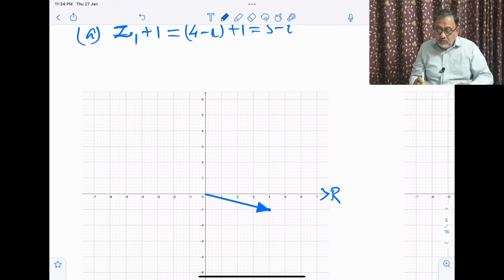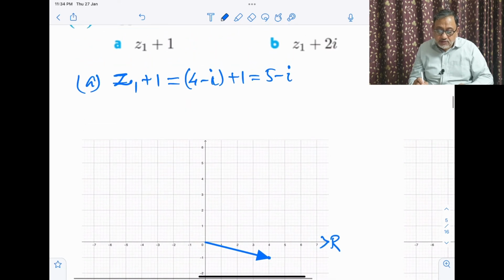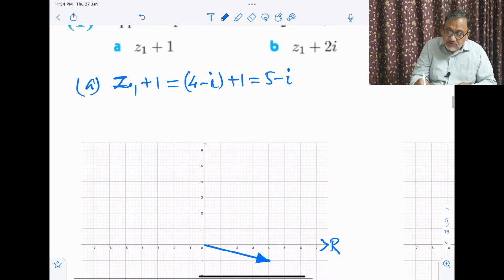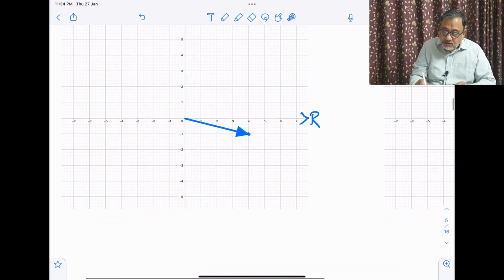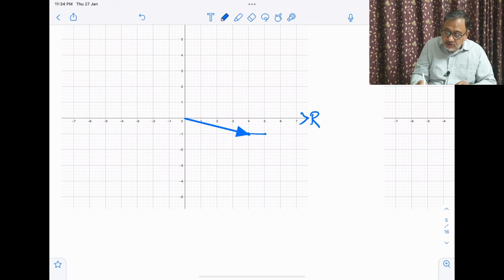Now from here I will have to add plus 1. Look here, plus 1 will be in the direction of the real axis, so it will be a horizontal shift of 1. From here I will go 1 unit to the right, and this will be my final destination. This is the real part only.